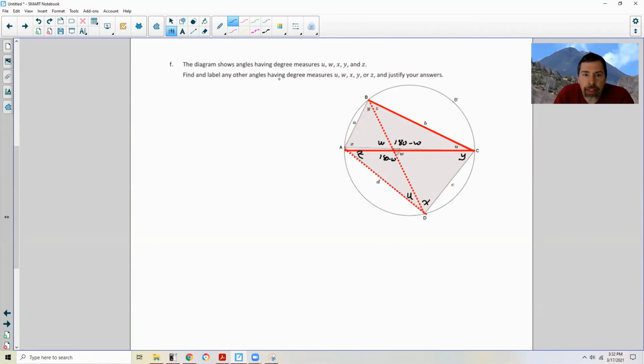So find and label any other angles having degree measures this. So I guess the 180 minus W wouldn't have an angle measure of any of those, so I will erase that. All right, so there it is. If it said in terms of W, then I would write 180 minus W. Okay? So that's that problem.